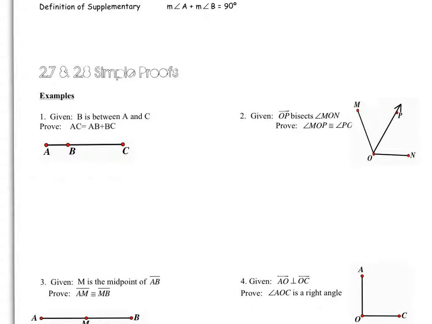So remember, all of these, we start with our table. And we have statements and reasons. And we always start with our given statement. B is between A and C, and that is given.